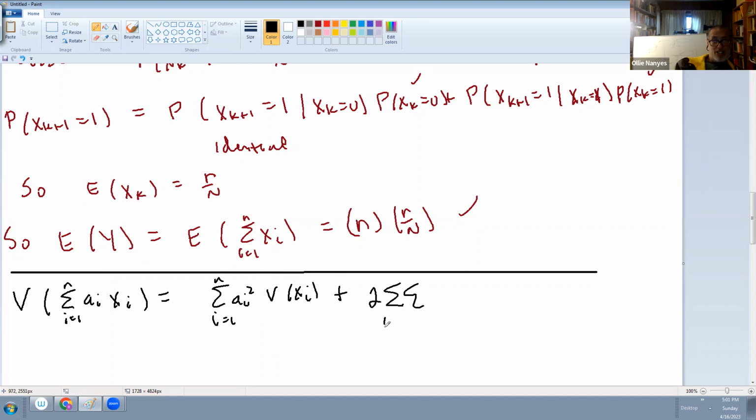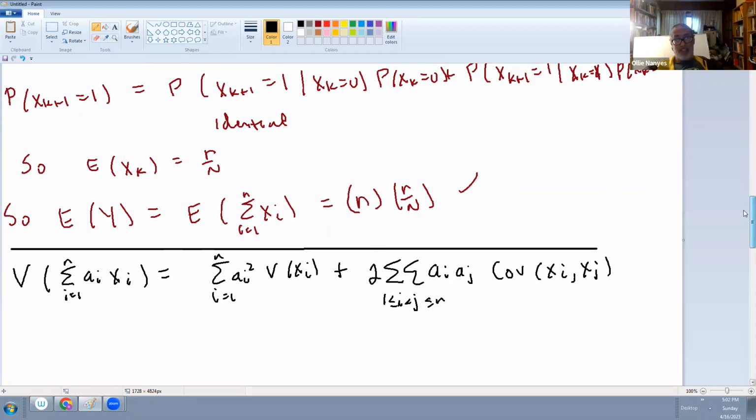So the way this is done is over i strictly less than j less than or equal to n, and we have ai aj covariance of xi xj. Now assume you know that particular formula here.